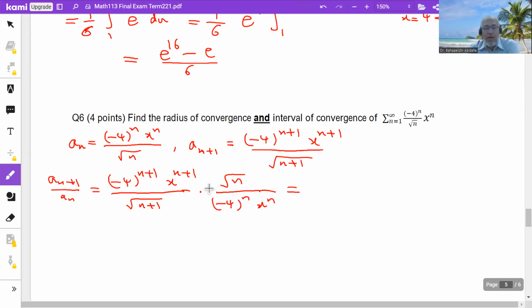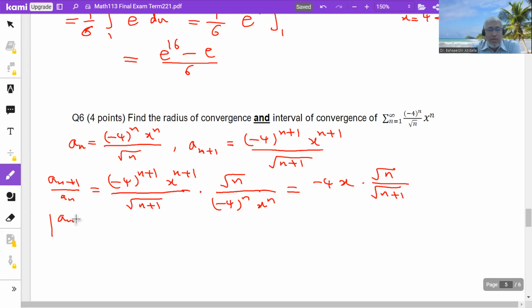Okay, I have (-4)^(n+1) over (-4)^n, the same base, subtract the powers, n plus 1 minus n is 1. So I have (-4) to the power 1. And x^(n+1) over x^n, subtract the powers. So I'll have x to the power 1. And then I have square root of n over square root of n plus 1.